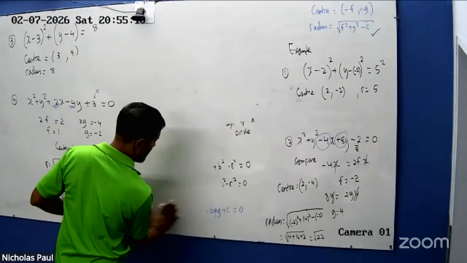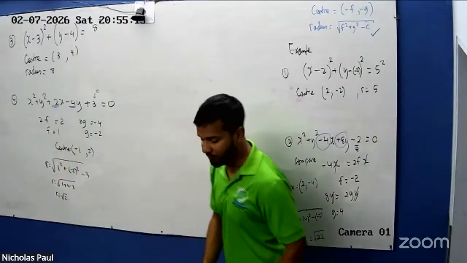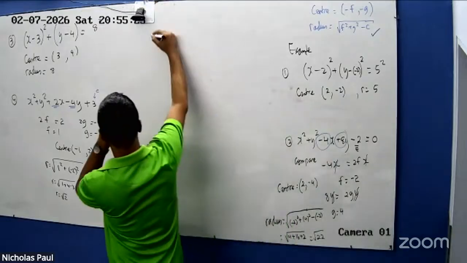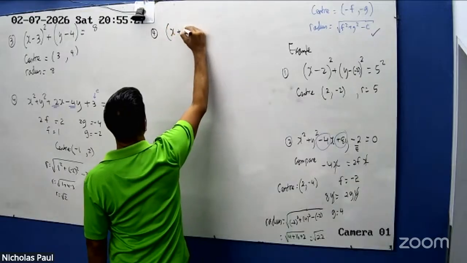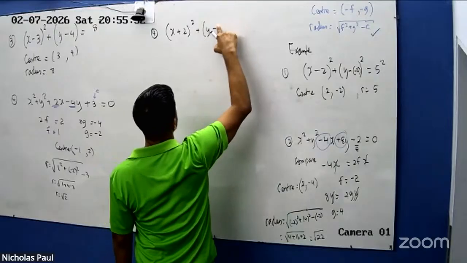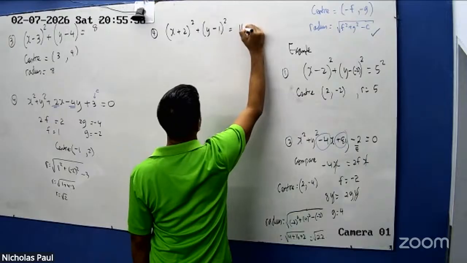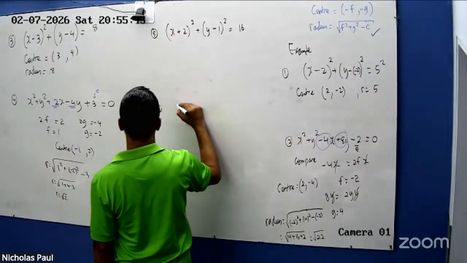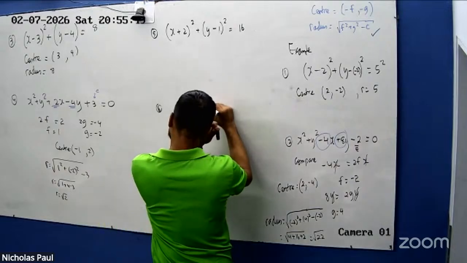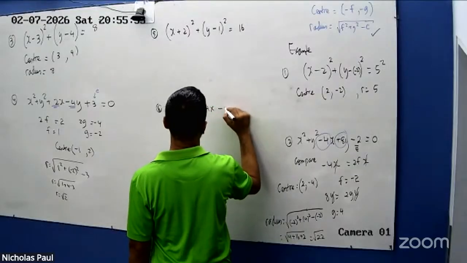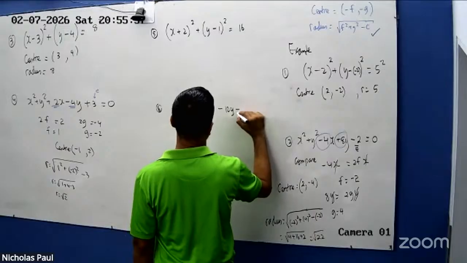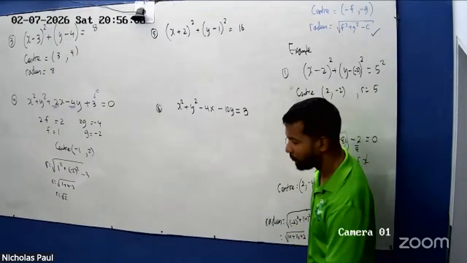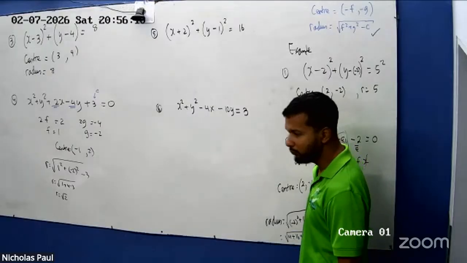I'll give you 2 again, 2 different forms. Try number 6 and 5.